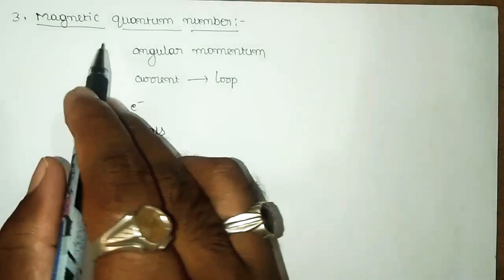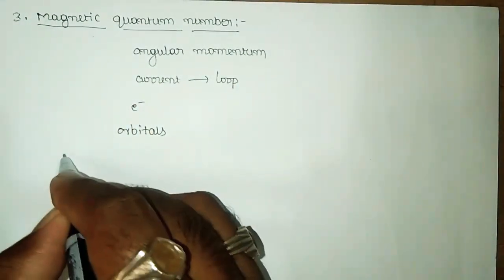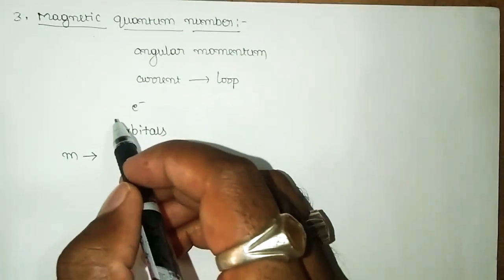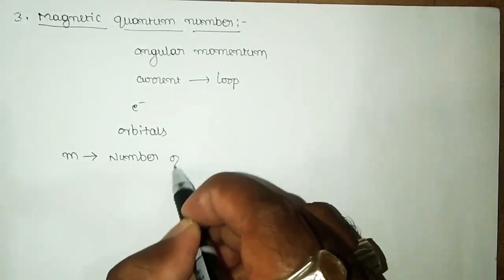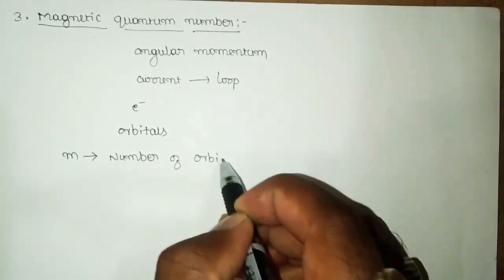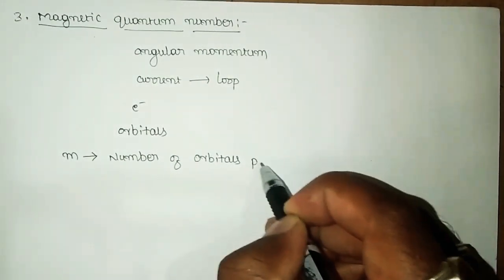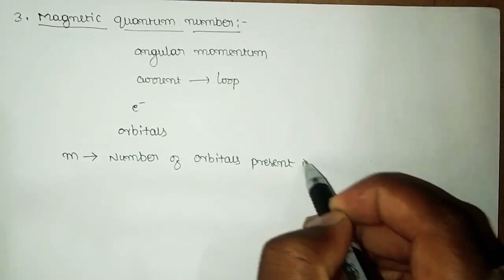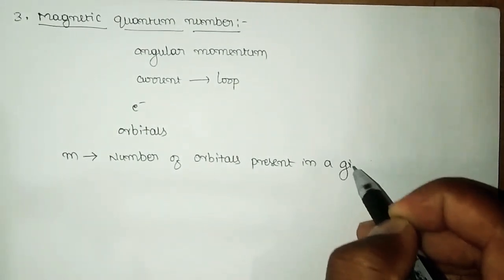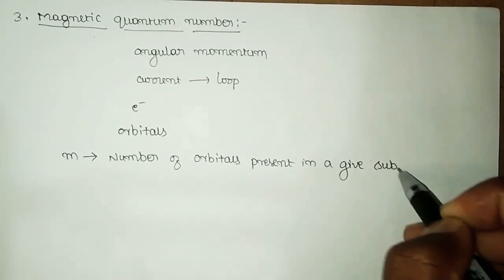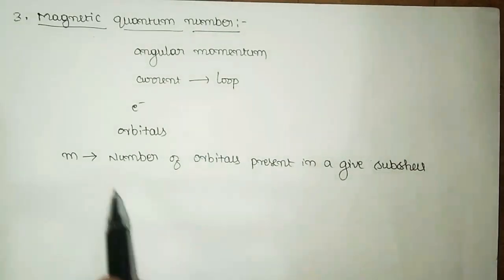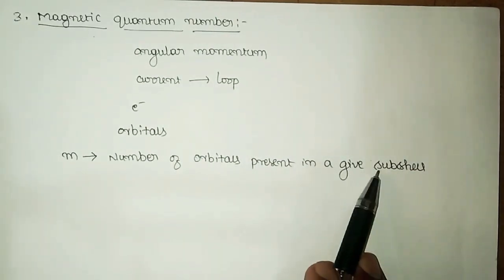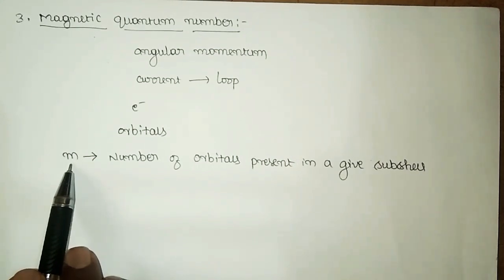That means m gives information about the number of orbitals present in a given subshell. Whatever the subshell in which the electron is present, how many orbitals are present in that particular subshell can be obtained with the help of the value of the magnetic quantum number.